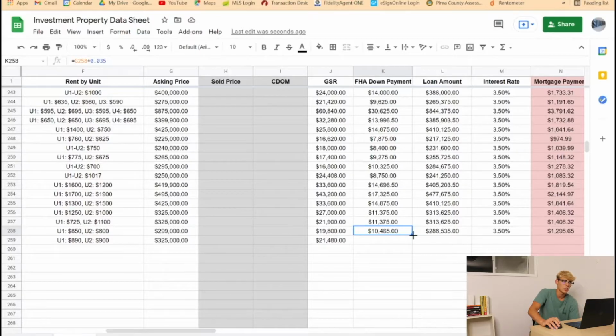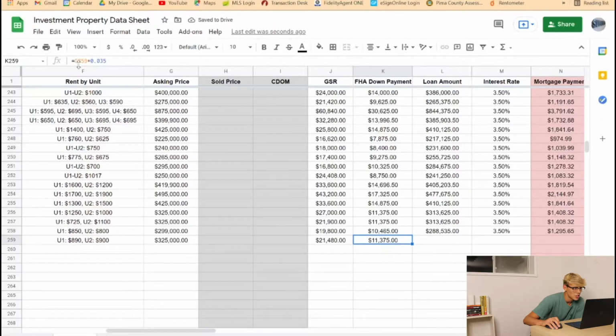But let's take a look at this code and see what we're actually calculating. So if you see, it's G258, so that's this asking price. I'm sorry, this is the cell above it, but basically it's going to grab this one when we bring it down. So let's bring it down and see what it's pulling.